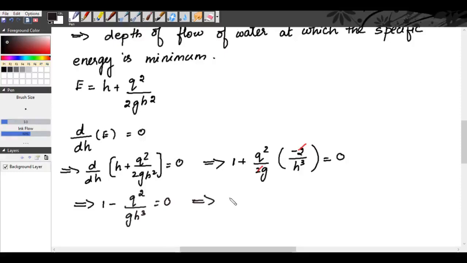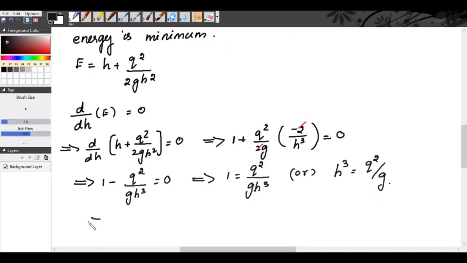From which we get 1 is equal to q square by gh cube, or h cube is equal to q square by g. Okay. So from which we get h is equal to cubic root of q square by g, so q square by g, the whole raised to 1 by 3.